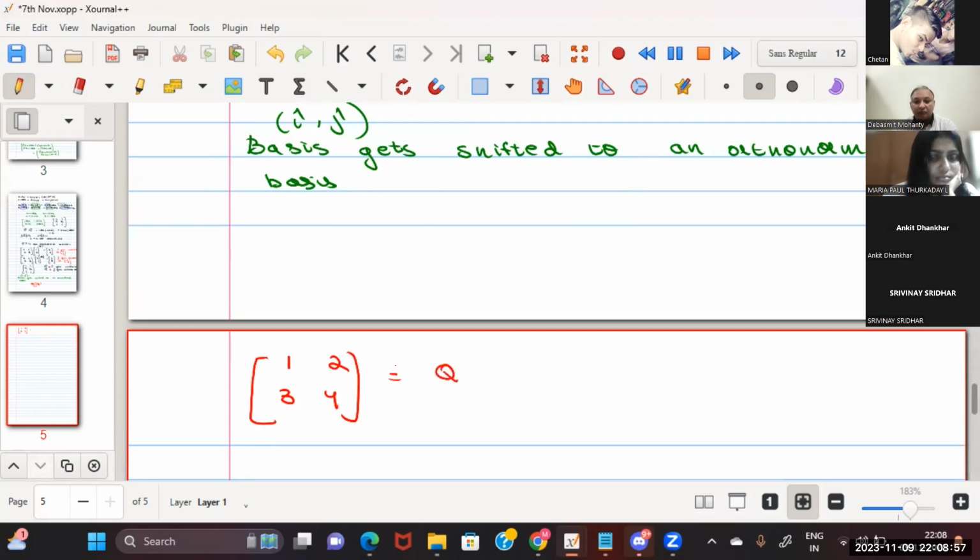So Q lambda Q transpose. This means I'm applying a rotation first, then scaling, and then applying the rotation again. Not the same rotation, but the thing that brings me back to the same place I started, because that's the inverse, right?